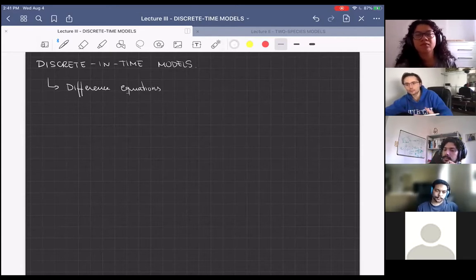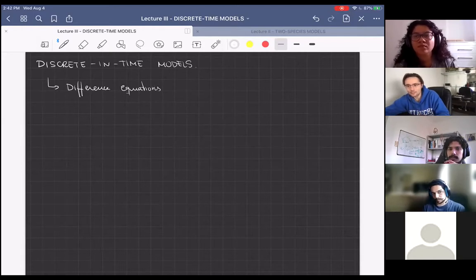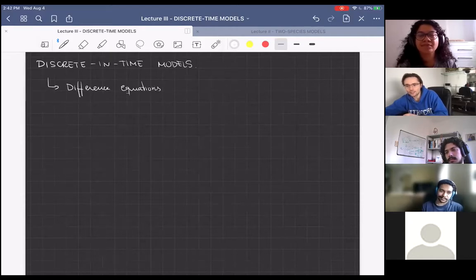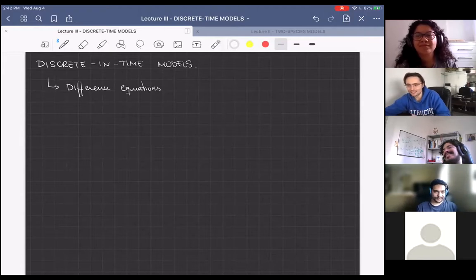We are going to iterate over the number of individuals, and see how that population either grows or declines. I can tell you that although discrete in time models seem easier, difference equations are way more complex and harder to deal with analytically than differential equations. That might be disappointing, but it is also good because it means we need to develop tools that are more fun, like plots, graphic analysis, and computer simulations.